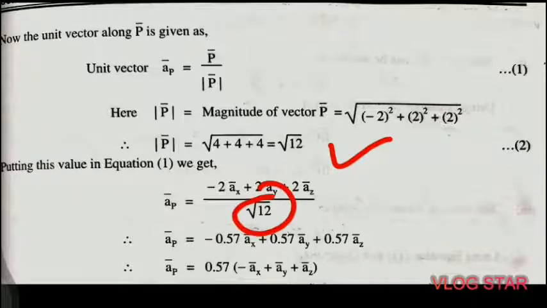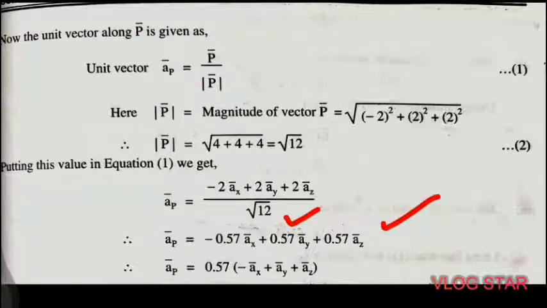So we will get minus 0.57 ax bar, plus 2 divided by root 12 is 0.57 ay bar, and plus again 2 divided by root 12 is 0.57 az bar. So we can take 0.57 as common. So in the bracket: -ax bar plus ay bar plus az bar. This is the value of the unit vector.